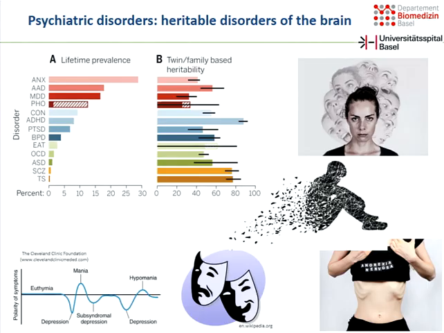Then obviously, we want to know, is there a genetic contribution to these phenotypes? You can measure that by measuring twin or family-based heritability. You can measure in families or in twins how often these disorders occur together in genetically related individuals.